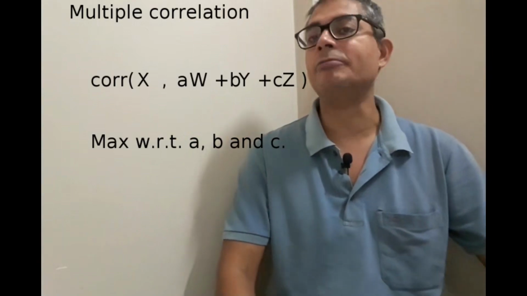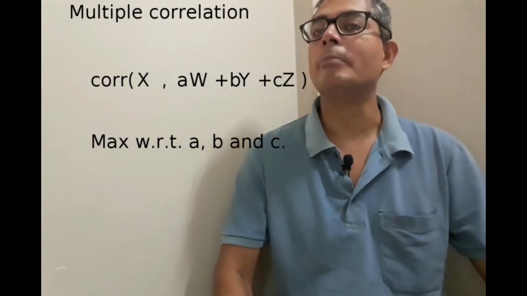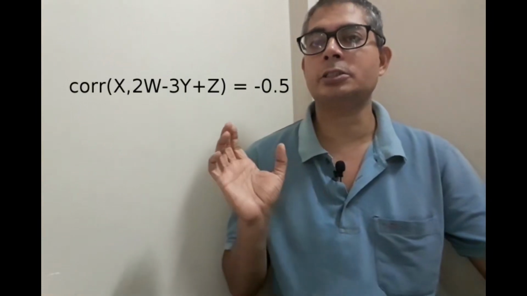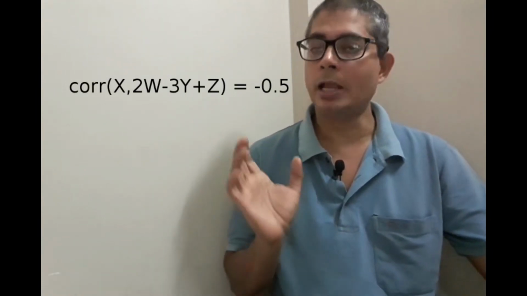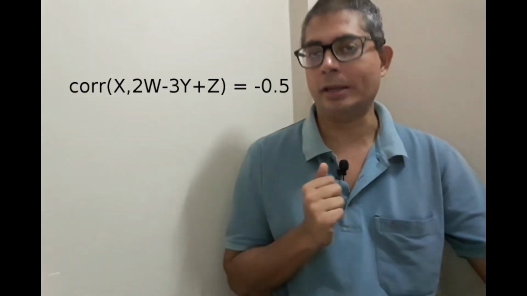That is the definition. Now I am going to ask a puzzle based on it. Suppose that I tell you that correlation between x and 2w minus 3y plus z is minus 0.5.